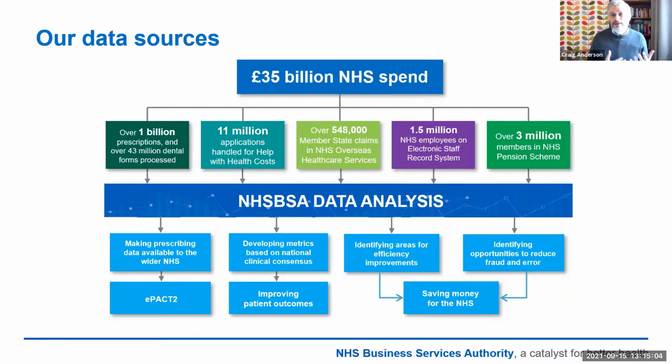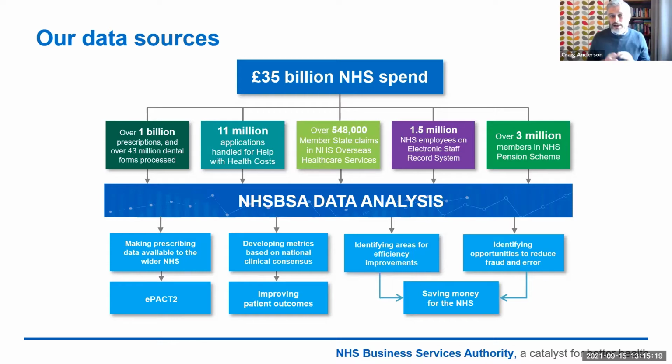We're talking about millions of rows of data every month being created, and that gives us some fantastic data and some fantastic opportunities to turn that data into insight to deliver some real value for our end users.